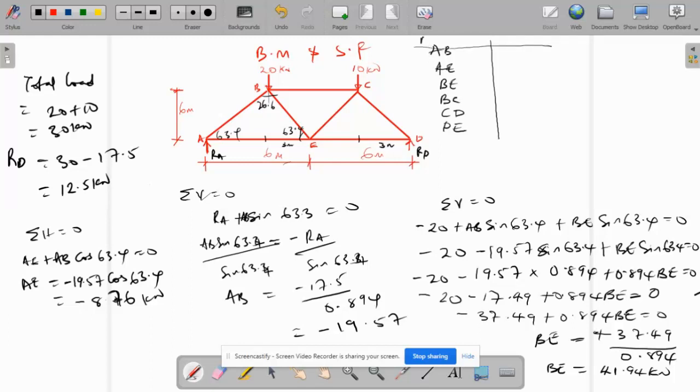These are members, then these are their forces.